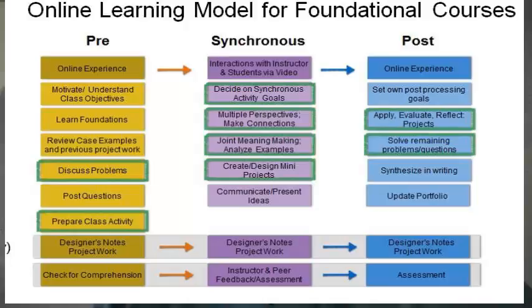What are results coming out of this phase? There are notes that students are taking, there are the projects they worked on, and for those the instructor and peers can give feedback. So after the conclusion of the synchronous phase, the phase in which students see each other, talk to each other at the same time, many questions aren't resolved yet.